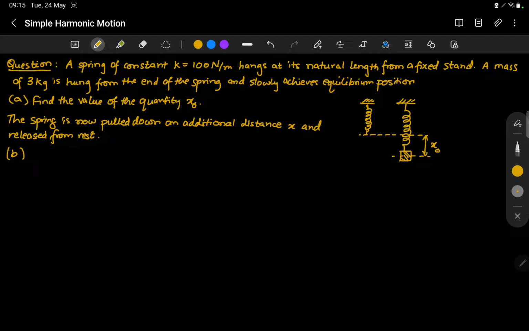In such a situation, we need to find what is the potential energy in the spring after it has been moved downwards by a distance x. So after this equilibrium position, after the equilibrium further x displacement is given.